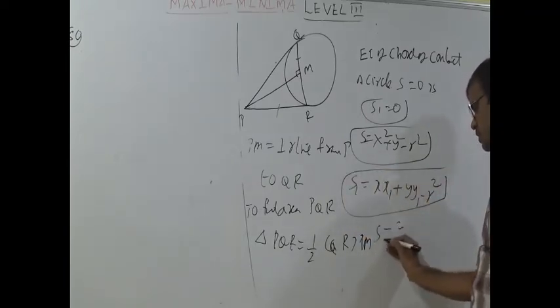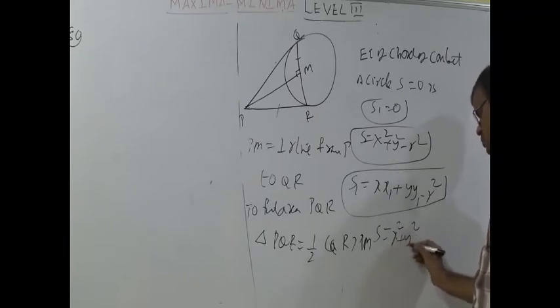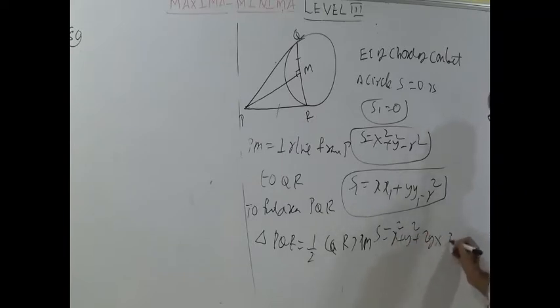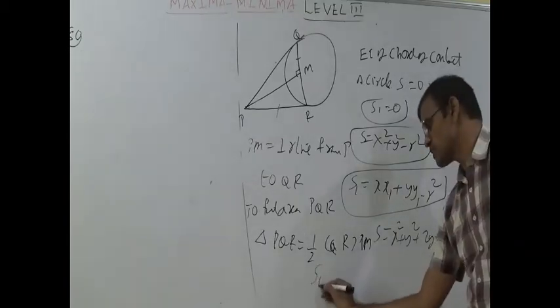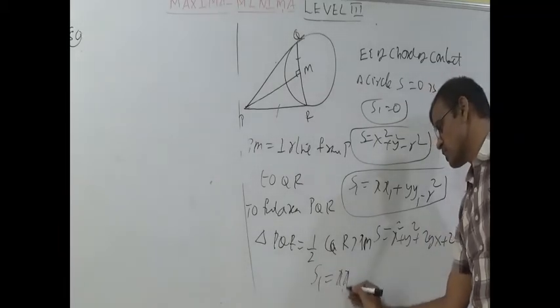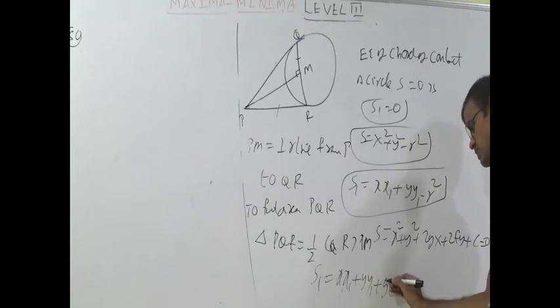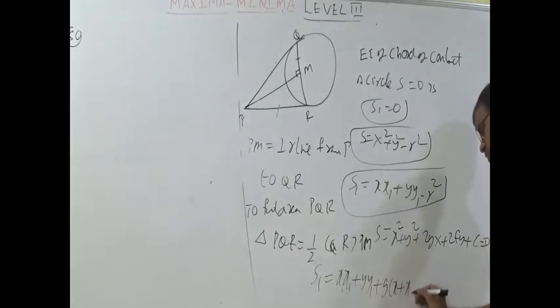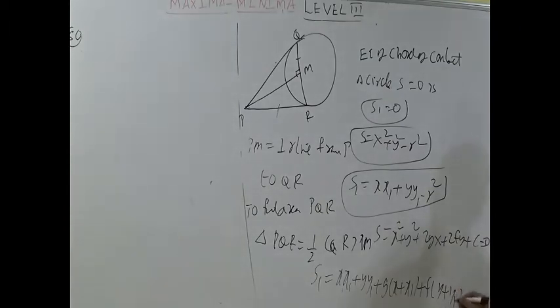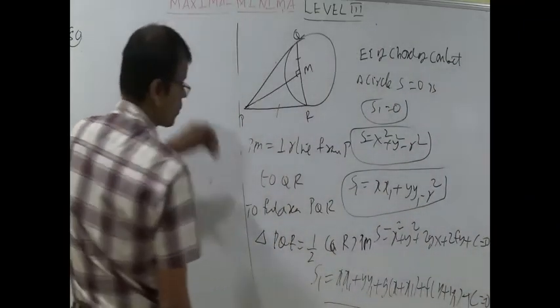If the circle is the full standard equation of a circle, x square plus y square plus 2gx plus 2fy plus c equal to 0, the notation is xx1 plus yy1 plus g into x plus x1 plus f into y plus y1 plus c. This is the equation of chord of contact and the notation of S1. It depends upon the whole concept.